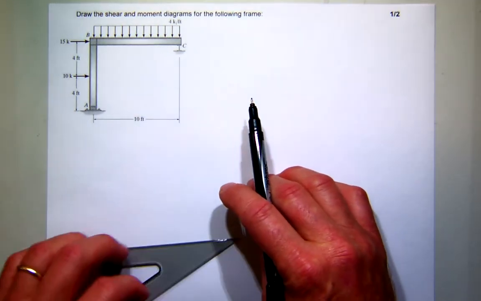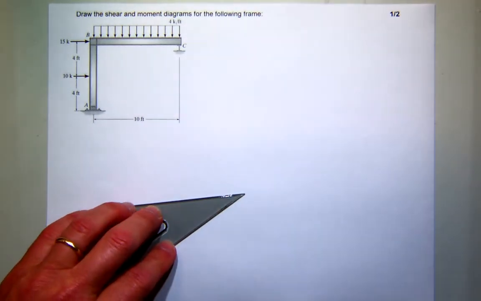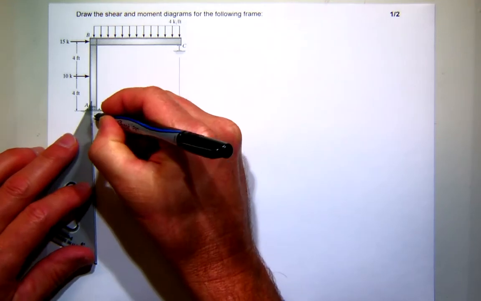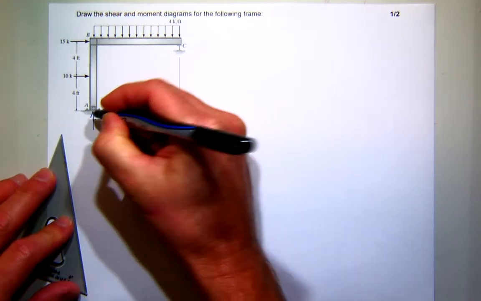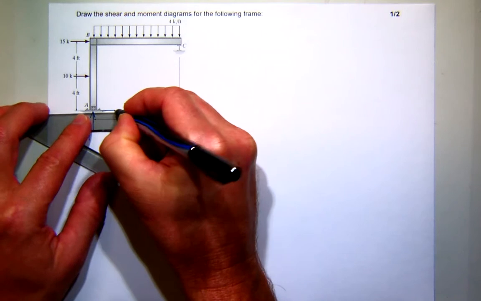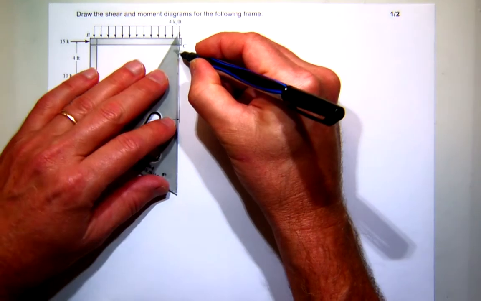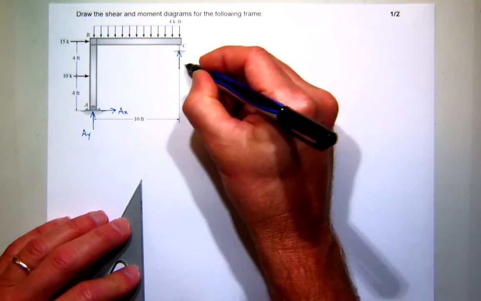So I'm going to start by finding my reactions. At A, I have a pin, so I'll assume a force AY and a force AX. And then over here at C, I'll assume a reaction. I'll call it CY.